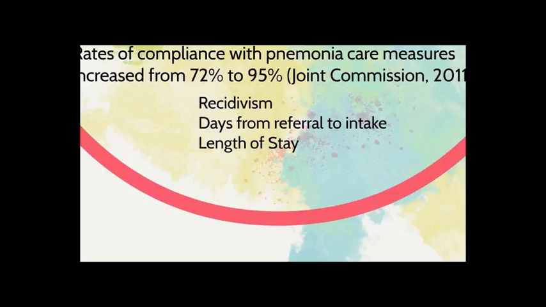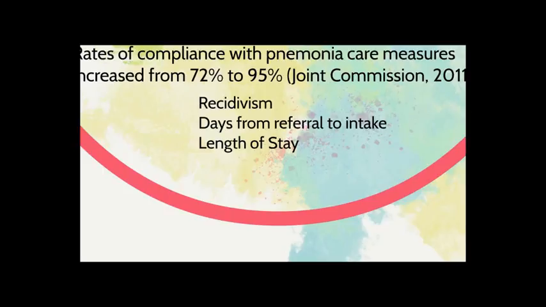Oftentimes, some of these things are dictated by the state, and there is transparency because we all have to report at the same frequency, and it ends up in a report that someone may or may not read. But we need to make sure that we're asking the critical questions of what is important, what makes a difference in the care we deliver, how are we performing, let's share how we're performing, and share our progress over time.